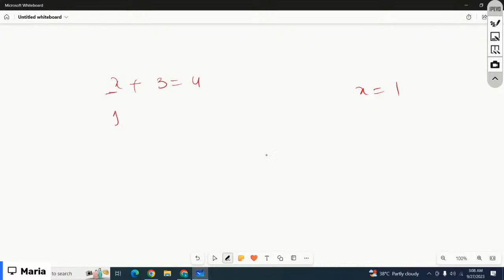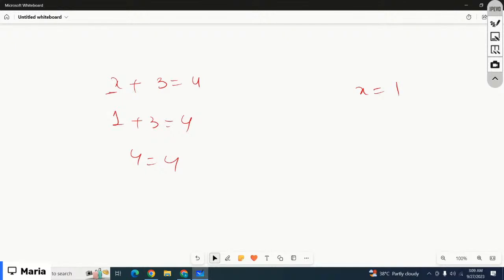Here you have x equals 1, just replace: 1 plus 3, and see if both sides are equal. So x equals 1 satisfies the equation because both sides of the equation are exactly equal. That's how we know if a given value is the solution of the equation.